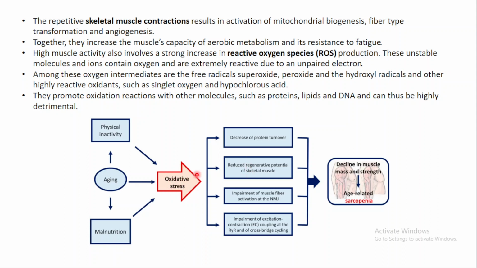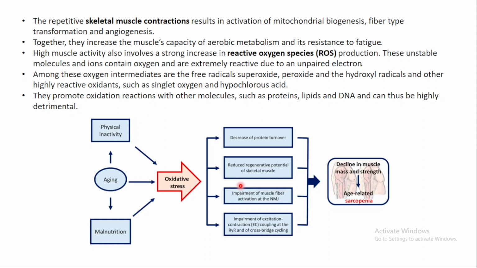Now in aging individuals, oxidative stress can cause a decrease in protein turnover because the proteins cannot be recycled in a faster way, reduced regenerative potential of skeletal muscle, and impairment of muscle fiber activation at the neuromuscular junction. Neuromuscular junctions are areas where motor neurons release their synapses into the muscle cell.